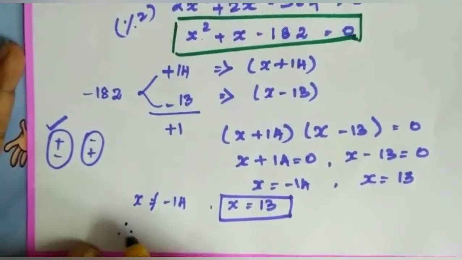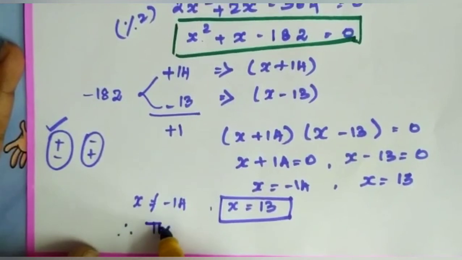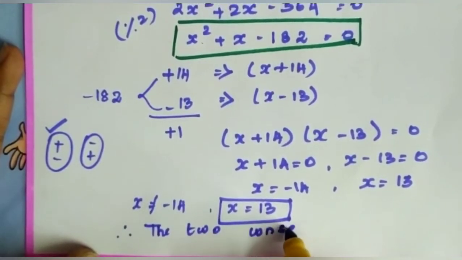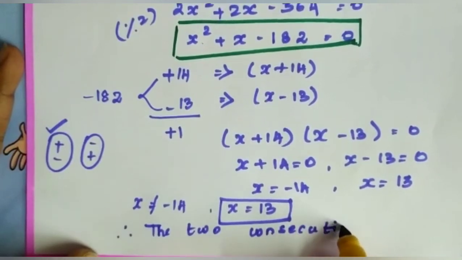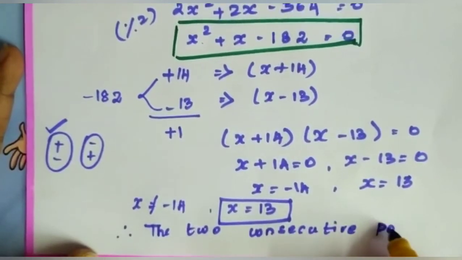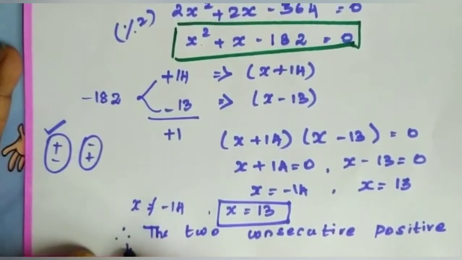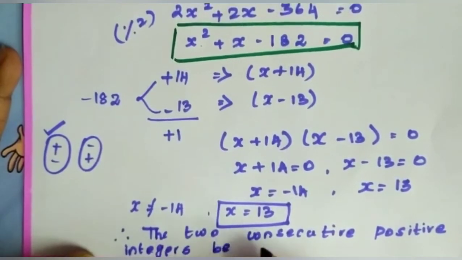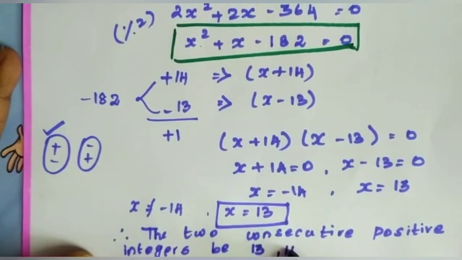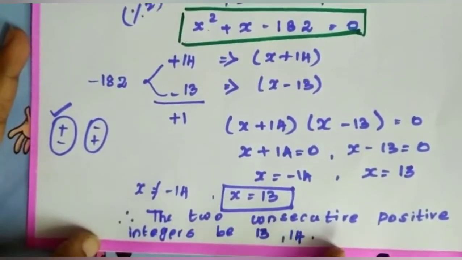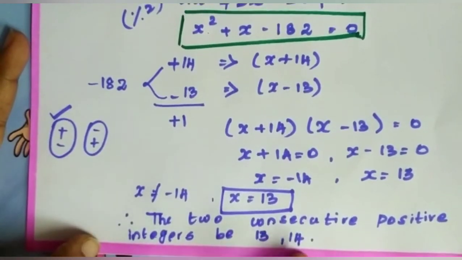Therefore, the two consecutive positive integers are: one number is 13 and the other number is 13 plus 1, which is 14. Clear? x and x plus 1. x is 13 and x plus 1 is 14.